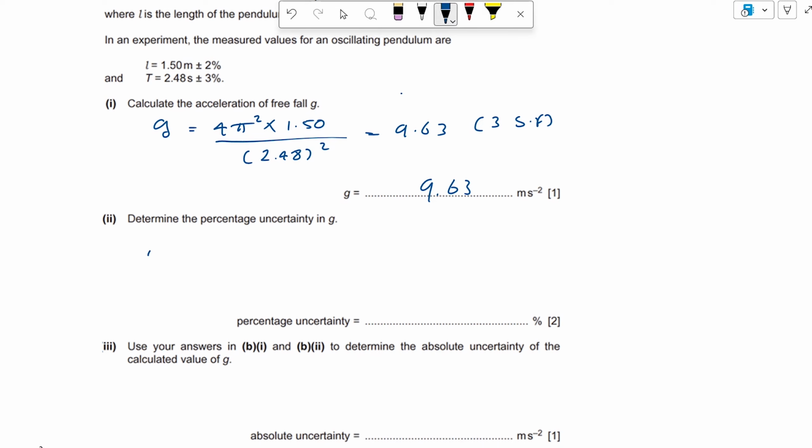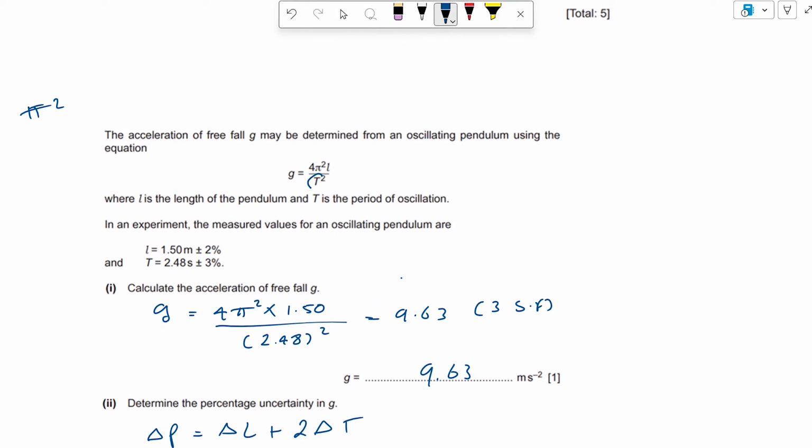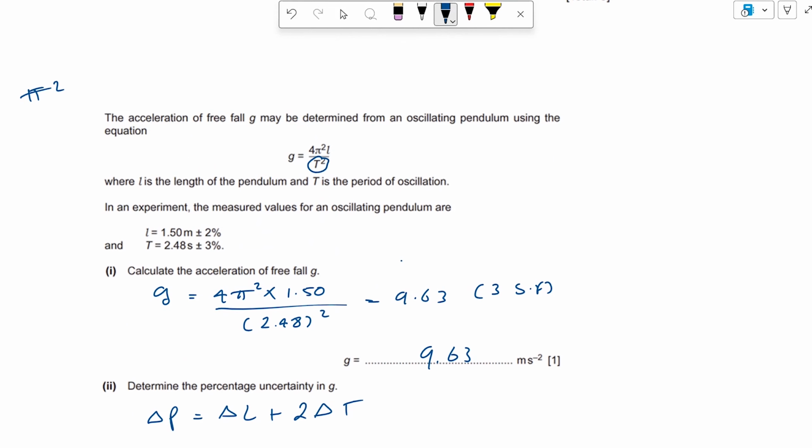We simply need to write delta P is equal to delta L plus 2 delta T. 2 delta T because, well, in the formula, T is raised to the power of 2.